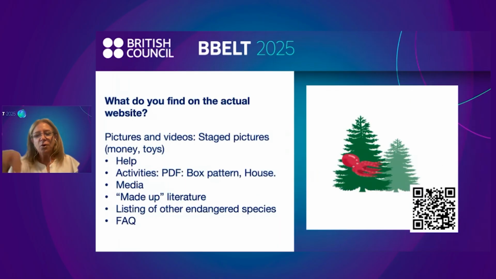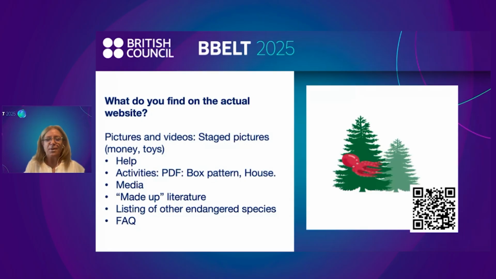Now, if you scan the QR code, you can actually go to the website. A spoiler here: it's a fake website, but the pictures and the videos that have been created about the octopus look very, very nice, very real. And there are even side scenes of the octopus.